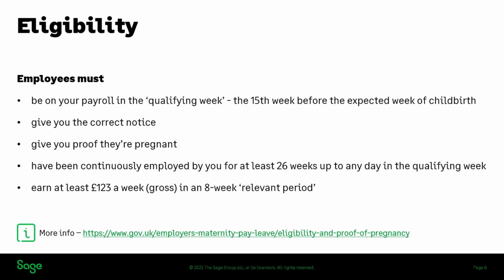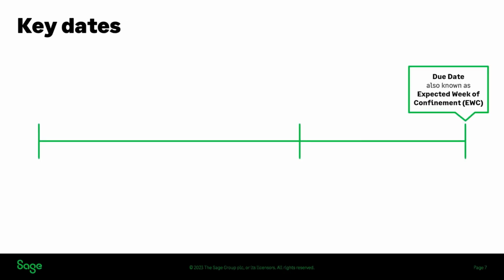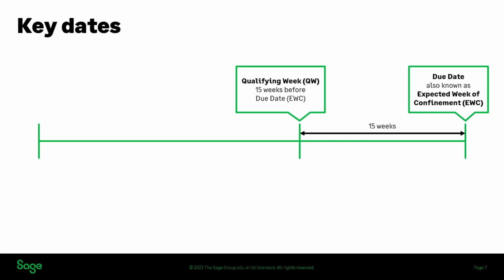Now, just to put some of that information into context, we've got a timeline of the key dates, and we're going to work back from the due date, also known as the expected week of confinement, or EWC. If we count back 15 weeks, that takes us to the qualifying week.